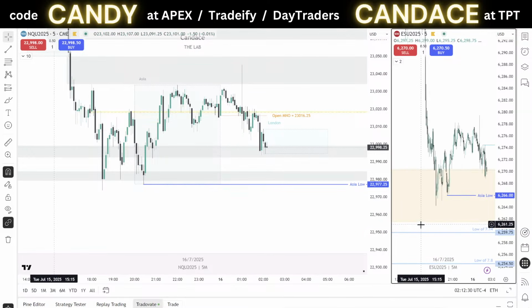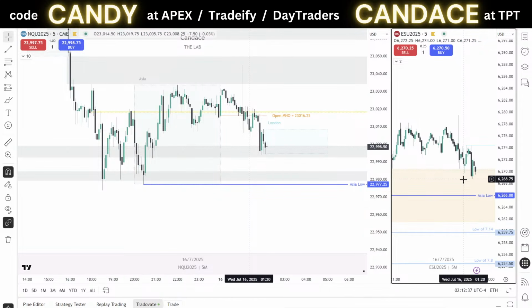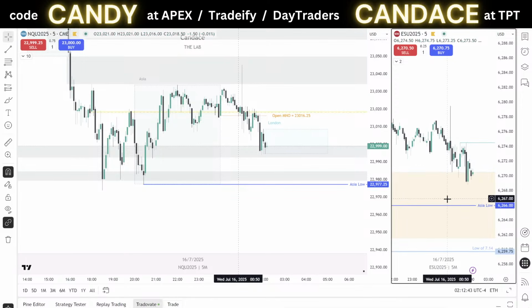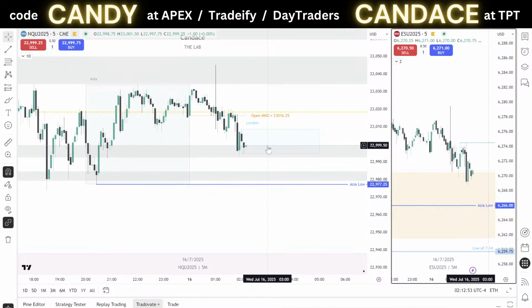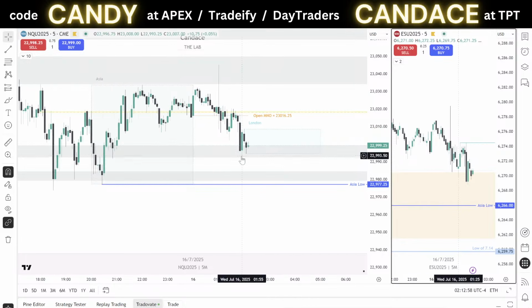And also the orange box is the daily FVG, so maybe it's gonna be like a support. But I think Asia low will sweep. I just can't short here. The risk reward will be very bad for me.